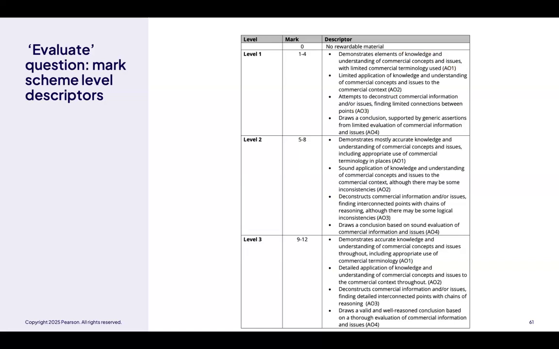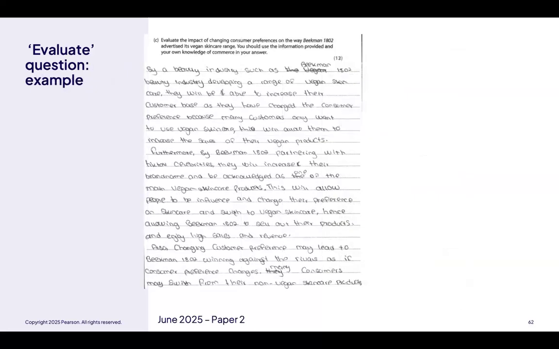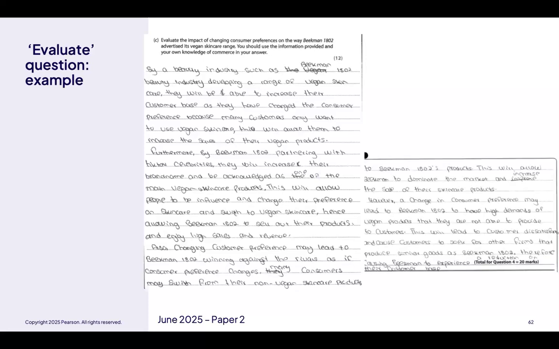Okay, we've got a student example to look at actually. Again, it's getting a little bit smaller still, isn't it? But can I give you 3 minutes to have a read of that? This is an actual student response to: to what extent evaluate the impact of changing consumer preferences on the way it advertises its product?